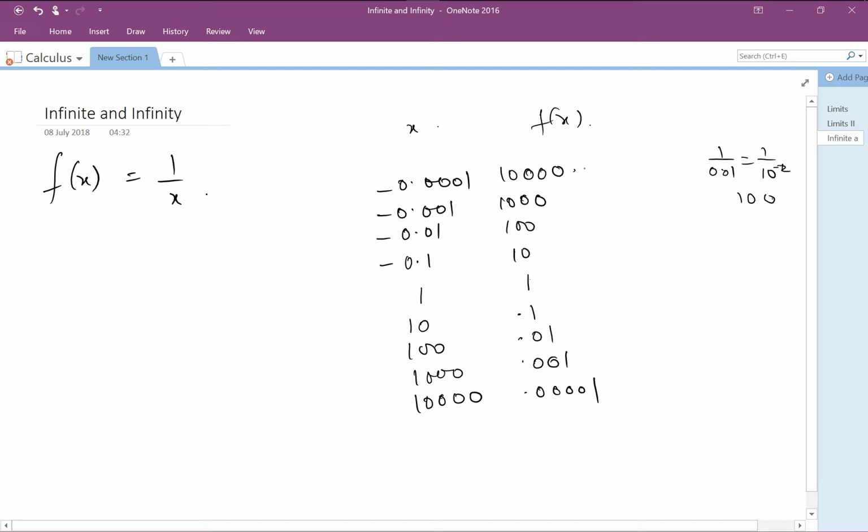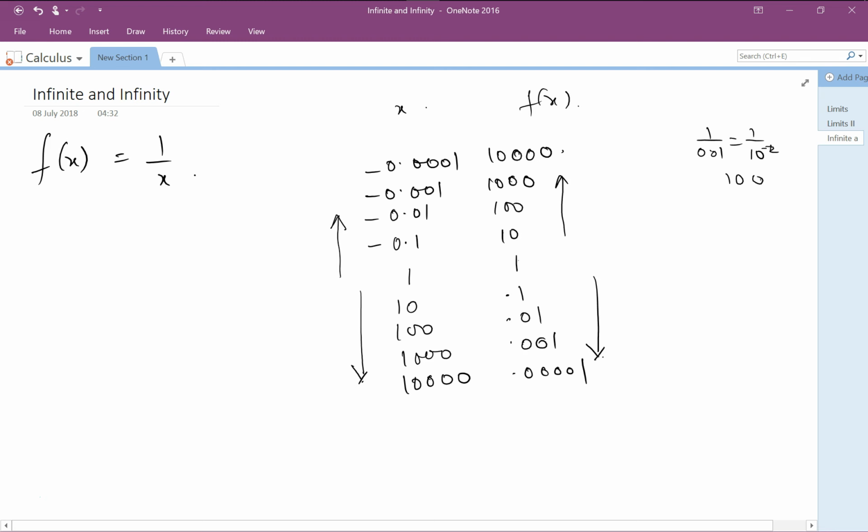So do you notice what is happening? As x becomes smaller and smaller and smaller, f of x becomes larger and larger and larger. As x becomes larger and larger and larger, f of x becomes smaller and smaller and smaller.